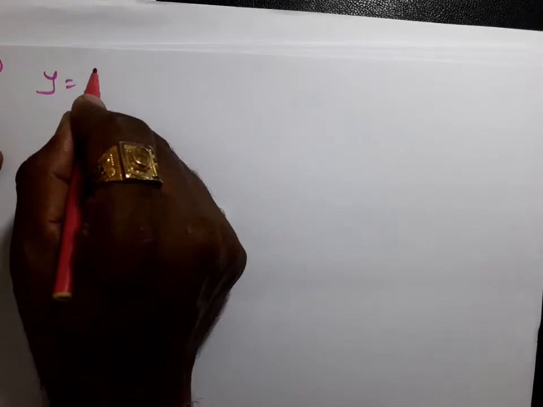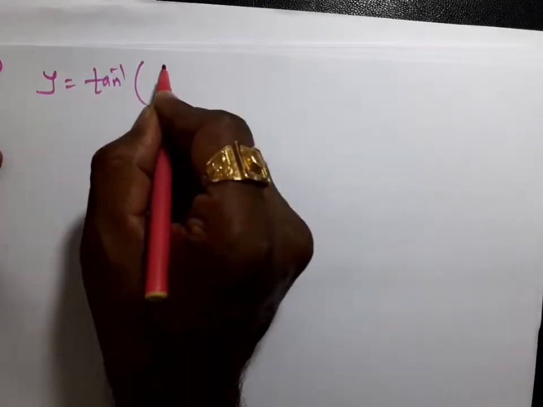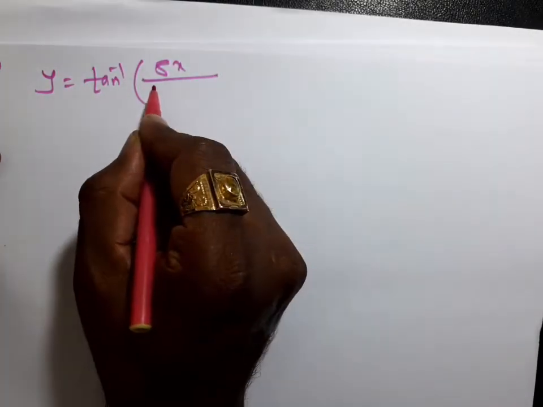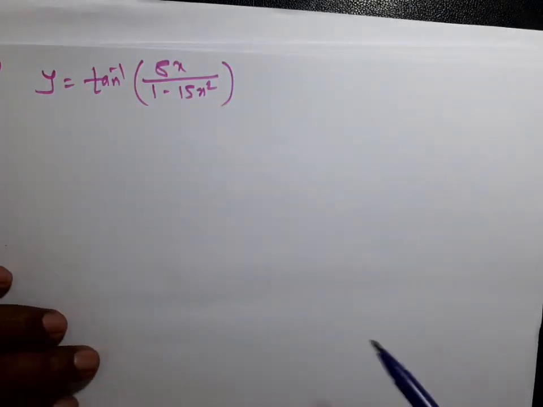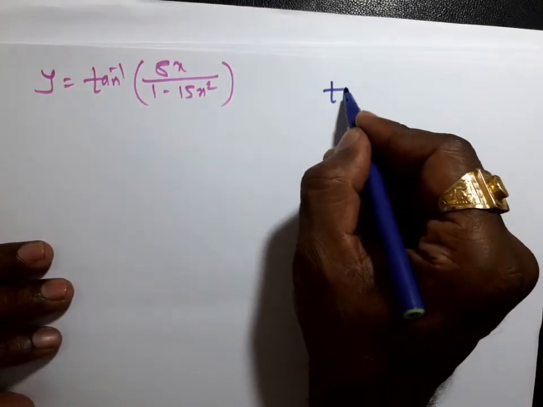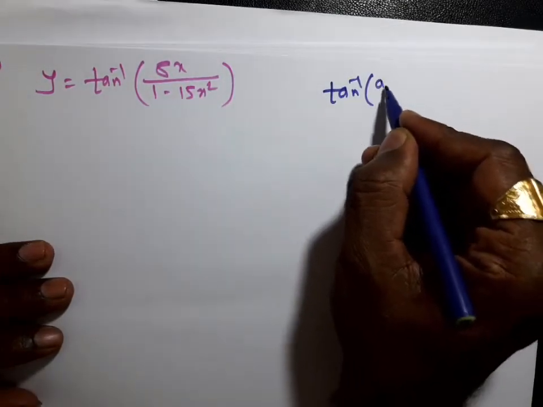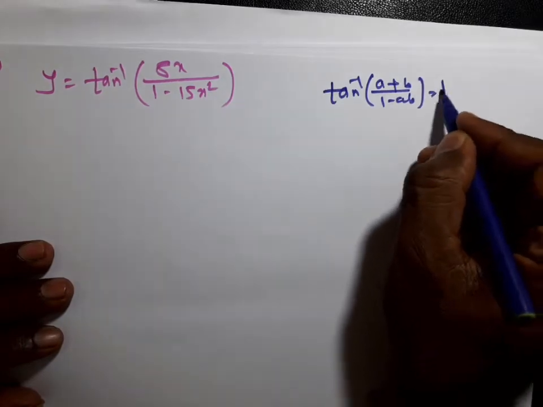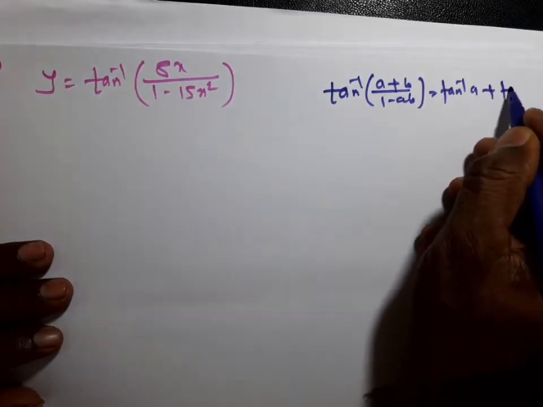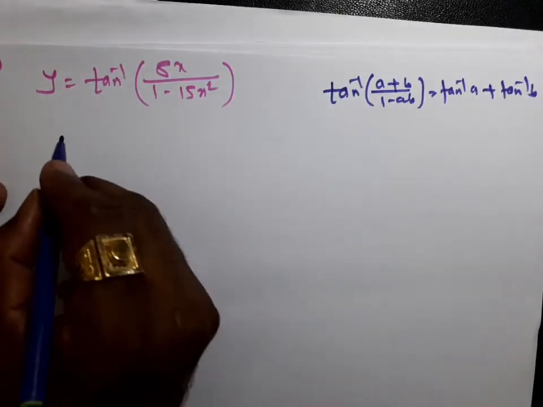Example number 16. y is equal to tan inverse 8x upon 1 minus 15x square. So we are using the formula tan inverse of a plus b upon 1 minus ab is tan inverse a plus tan inverse b.